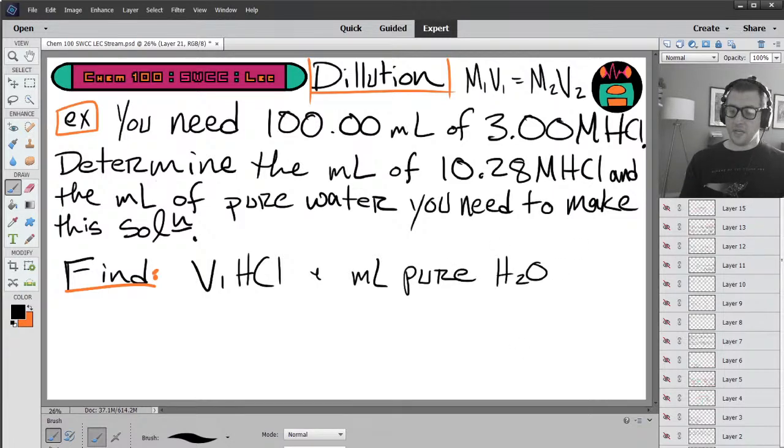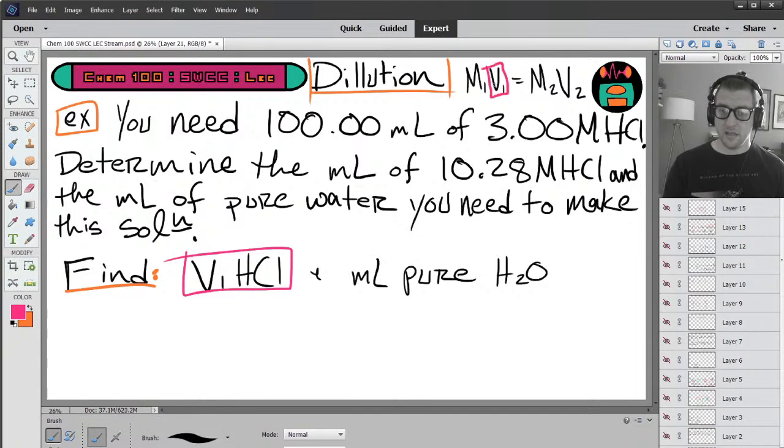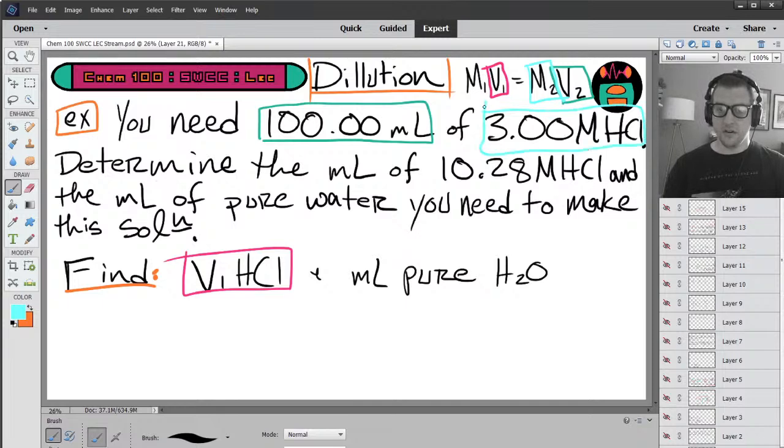All right, we're going to focus on finding V1 first because it's right here. And you'll notice that we're given final volume and final concentration, both here and here. In addition, we're given initial concentration right here. So we have all the pieces.